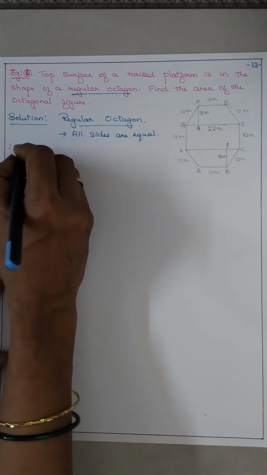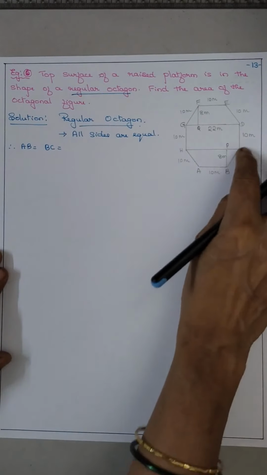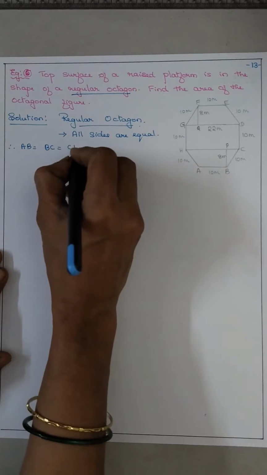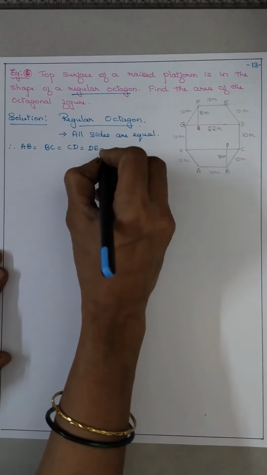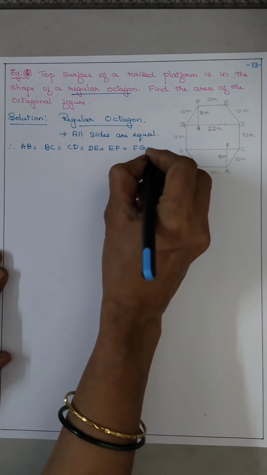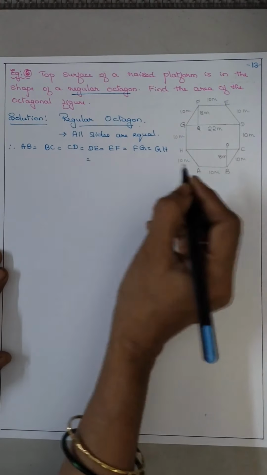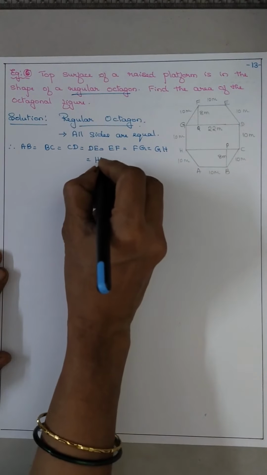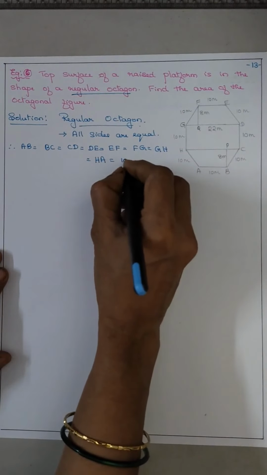Therefore AB is equal to BC is equal to CD is equal to DE is equal to EF is equal to FG is equal to GH is equal to HA is equal to, how much is given? 10 meter.